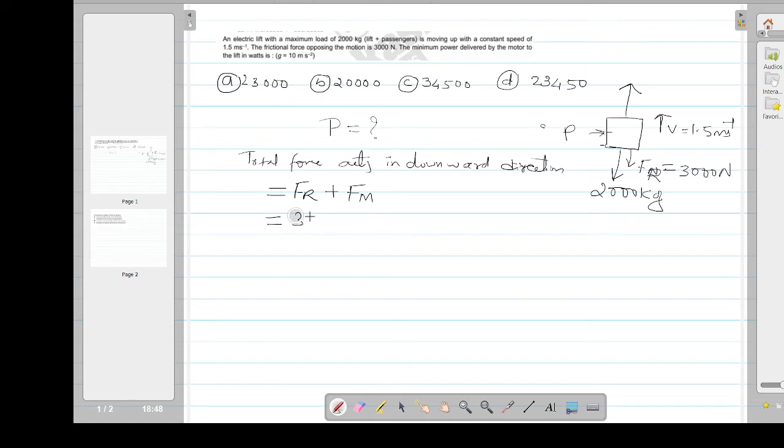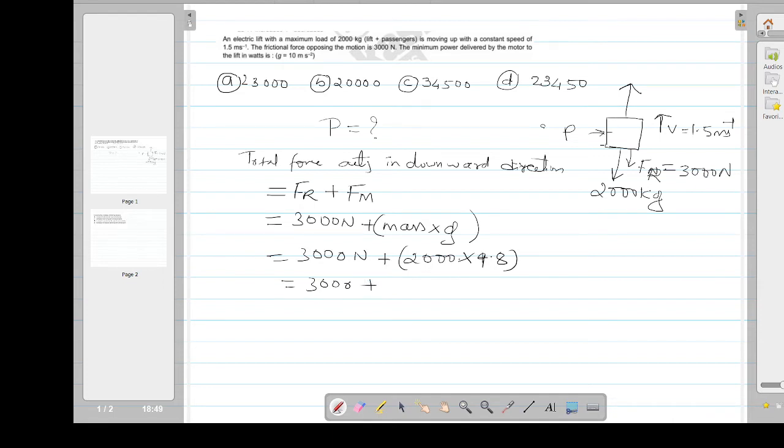So how much is the frictional force? It is 3000 Newton, and the mass force we have to calculate. So this is mass into g value, multiplied. So 3000 Newton plus, how much is the mass? It is 2000, multiplied with 9.8. So what will I get? 3000 plus 2000.